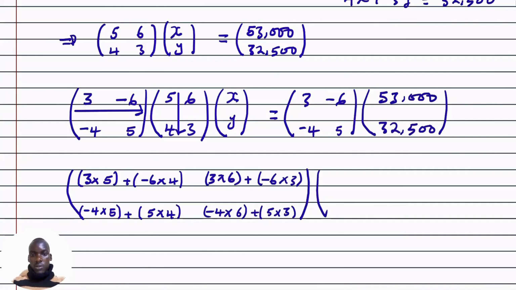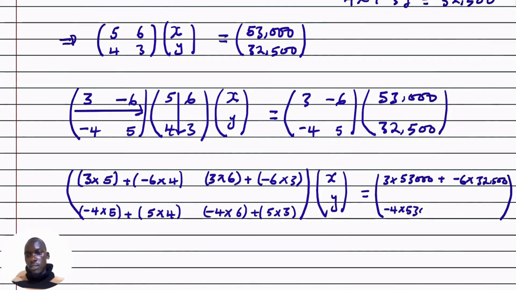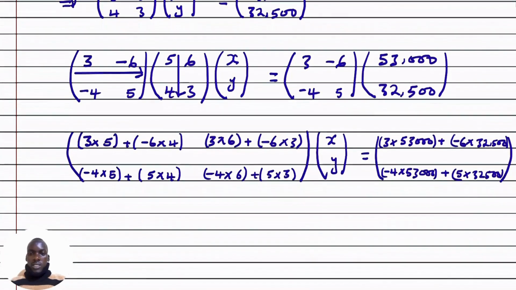This is also multiplied by x, y equals to. Once we multiply this also, we have 3 multiplied by 53,000 plus negative 6 multiplied by 32,500, then negative 4 multiplied by 53,000 plus 5 multiplied by 32,500. So the next step, we need to just simplify.